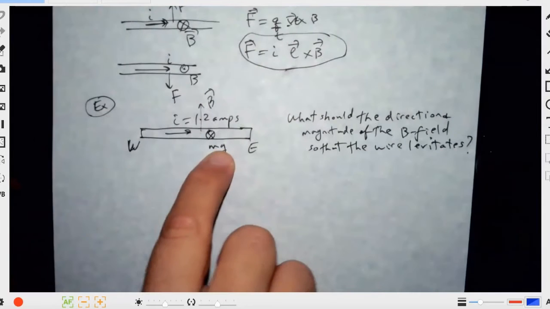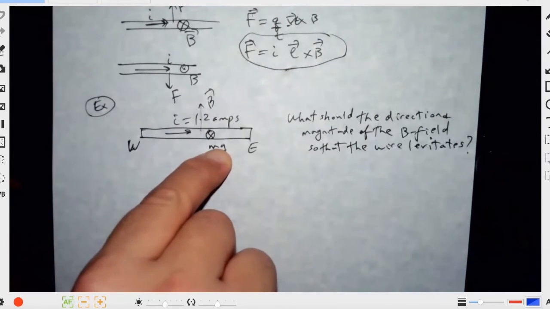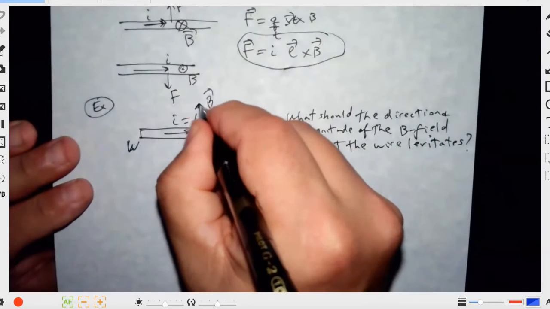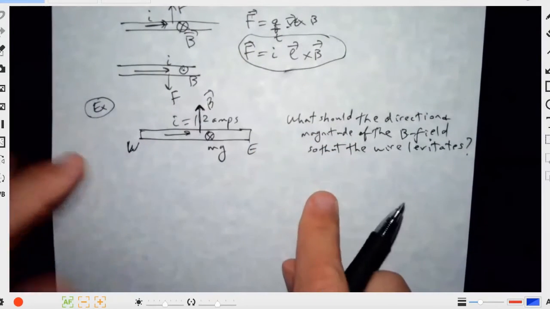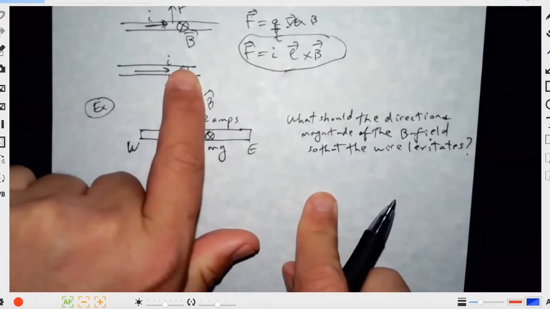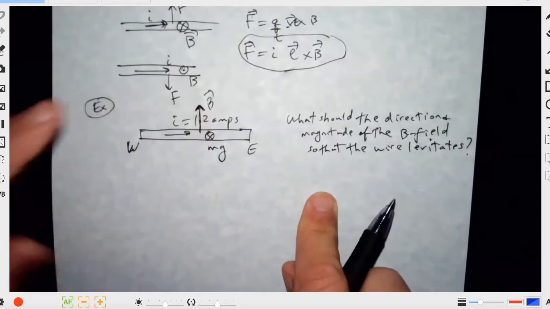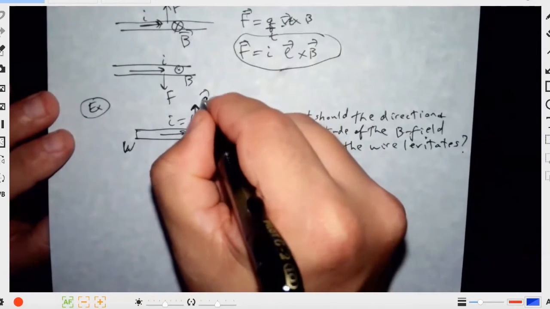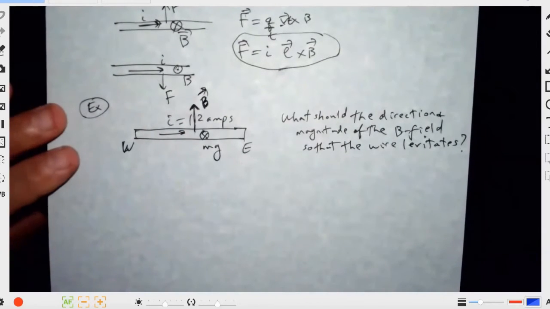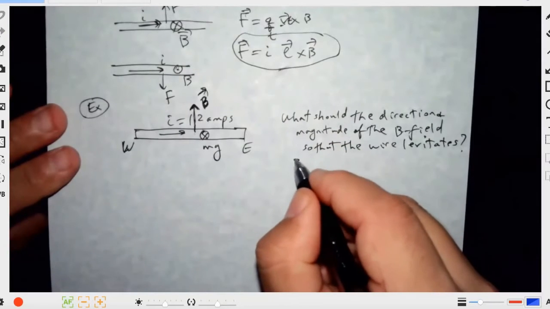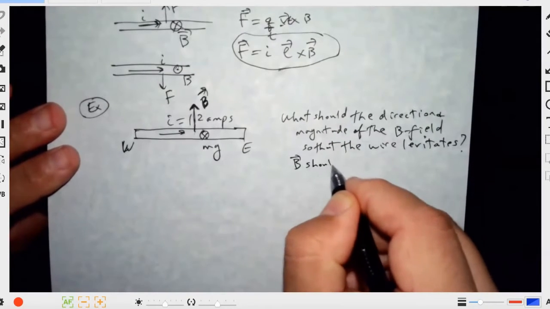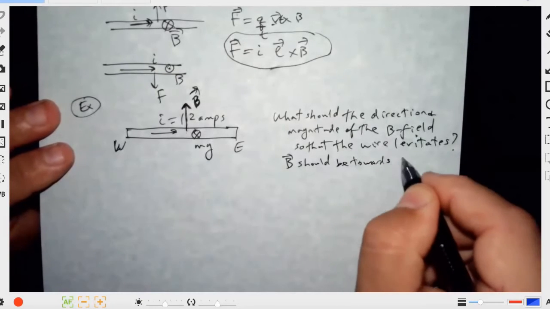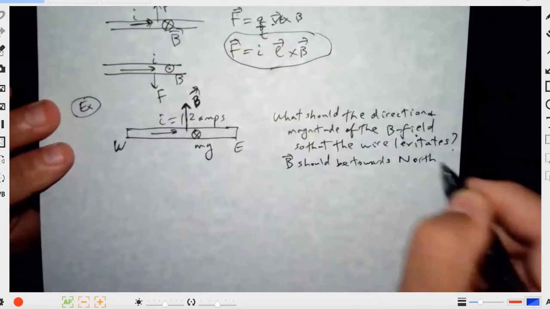And that one can overcome the gravitational force. So we want B to be towards the north, which actually it is.